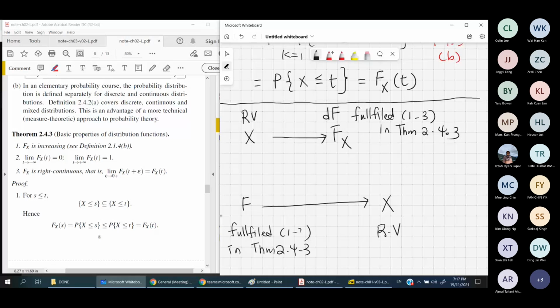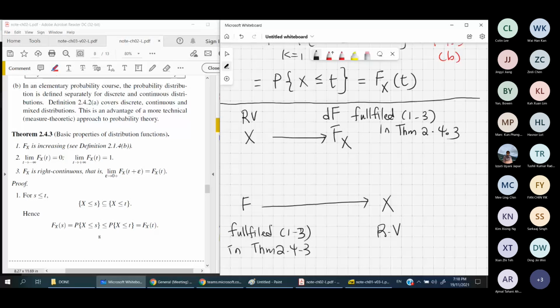It is sort of like if we have an X, we can use X to construct the so-called distribution function, which fulfills the three properties. The other way around, if we have a function which fulfills the three properties in theorem 2.4.3, we can use this F to construct a random variable.